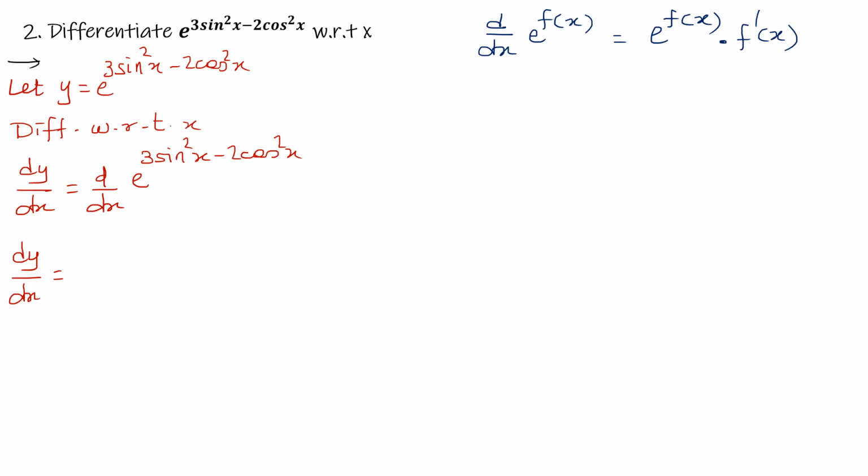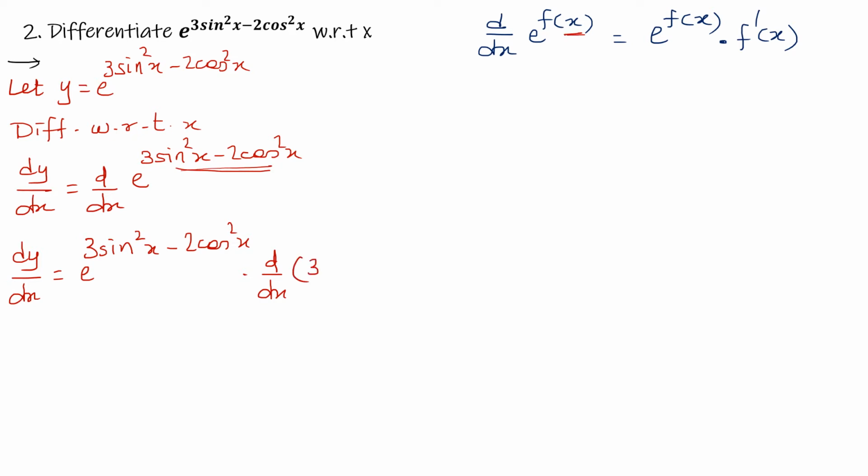So according to that, dy by dx is equal to: the first part is e raised to f of x only, so e raised to 3 sine square x minus 2 cos square x into the derivative of f of x. So what is our f of x? F of x is this part, the power of e.